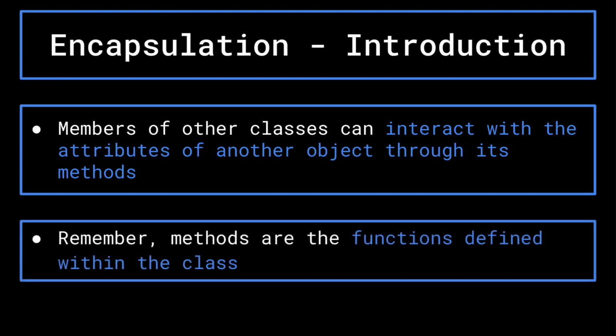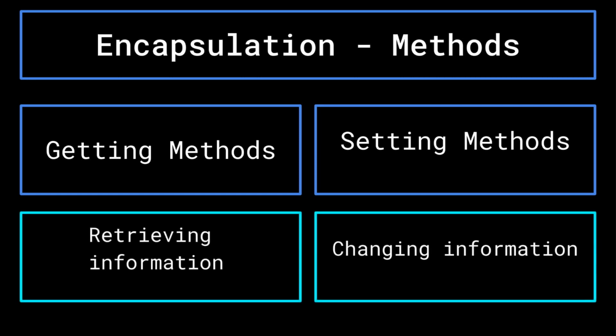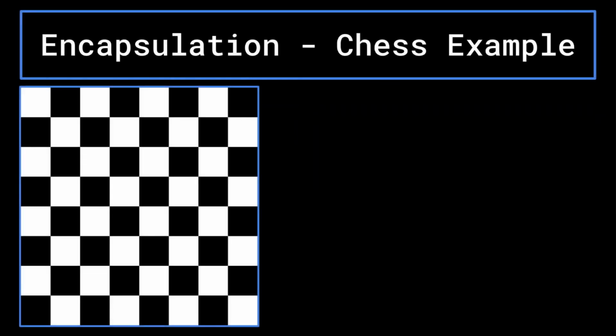In practice, one way this tends to work is by creating getting and setting methods. These methods act to either get information from an object or set attributes to different values. For instance, think back to the chess example from the previous section.